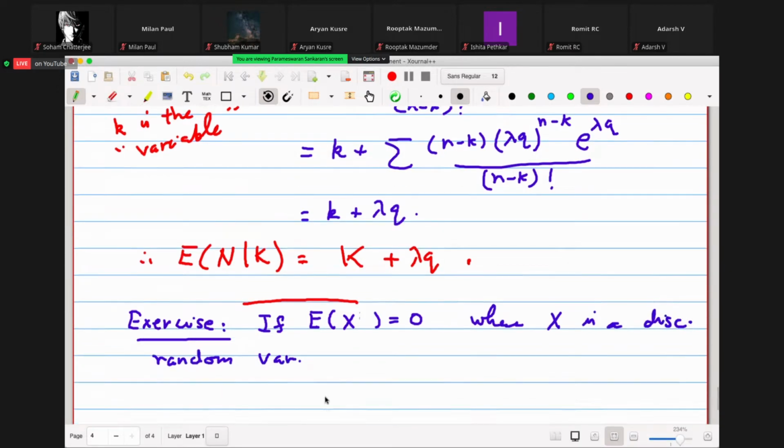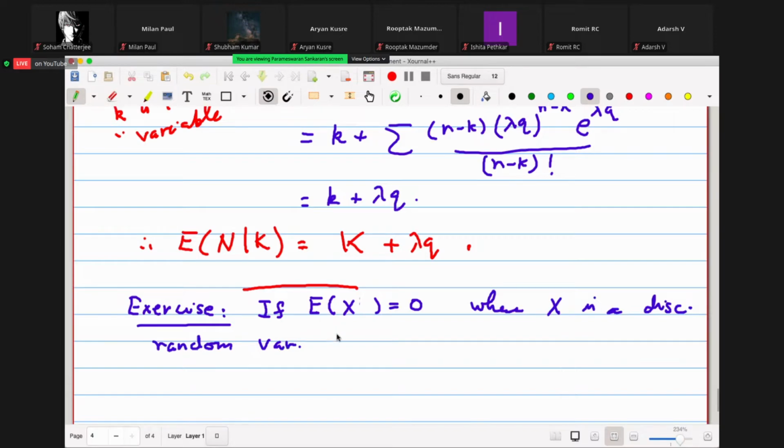I can hardly wait to start on continuous random variables, but that will have to wait for some more time. A random variable which assumes non-negative values. What can you say about x?